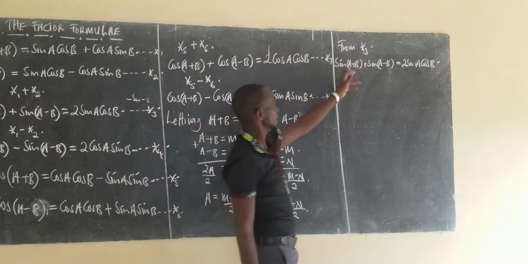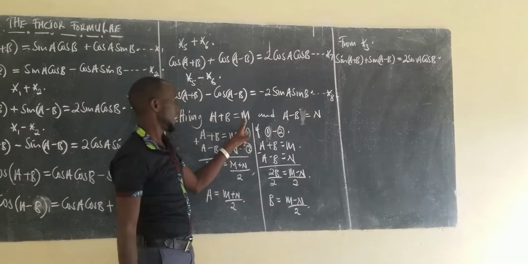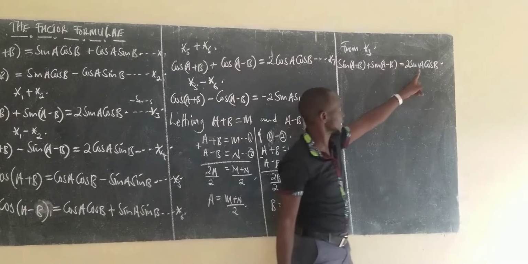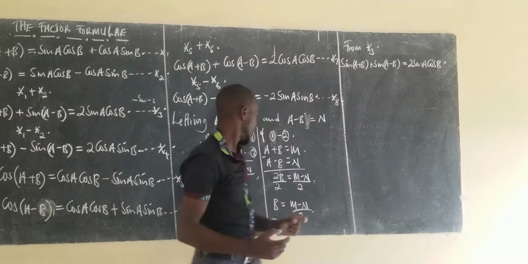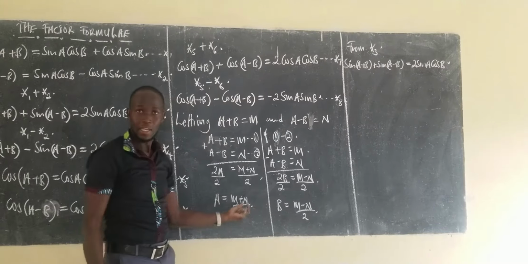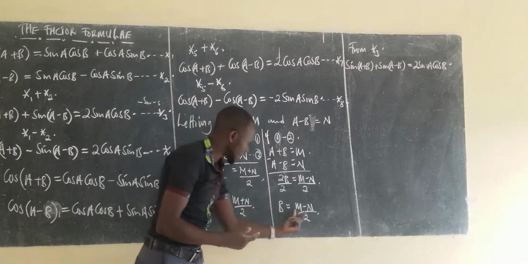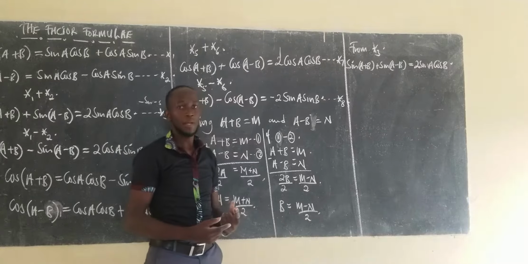So where there is A plus B, you put there m. Where there is A minus B, put there n. And where there is A, put there the value of A in terms of m and n. So is B. Where I find B, put there the value of B in terms of m and n.